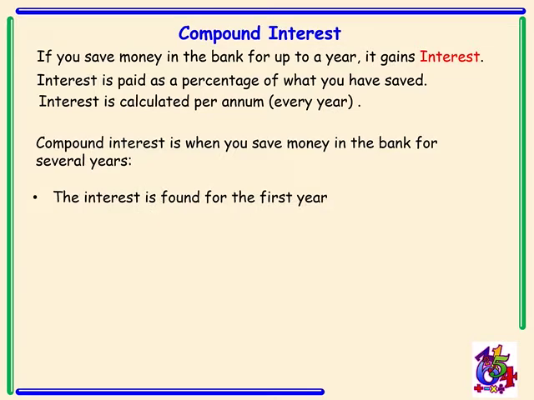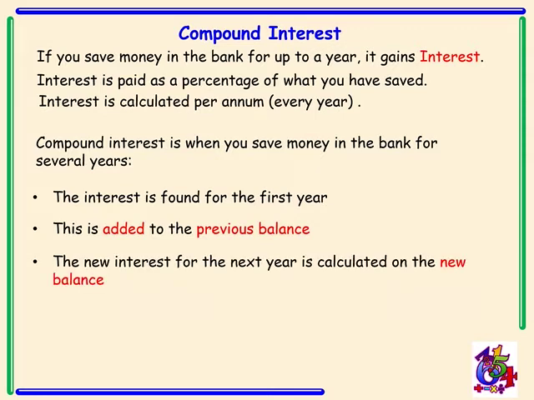The interest is found for the first year. It is then added on to the previous balance, and then the new interest for the next year is calculated on the new balance. So the more money you have, the more interest you make, and if you left money in the bank, it would keep increasing in value. So this goes on for every year you save.